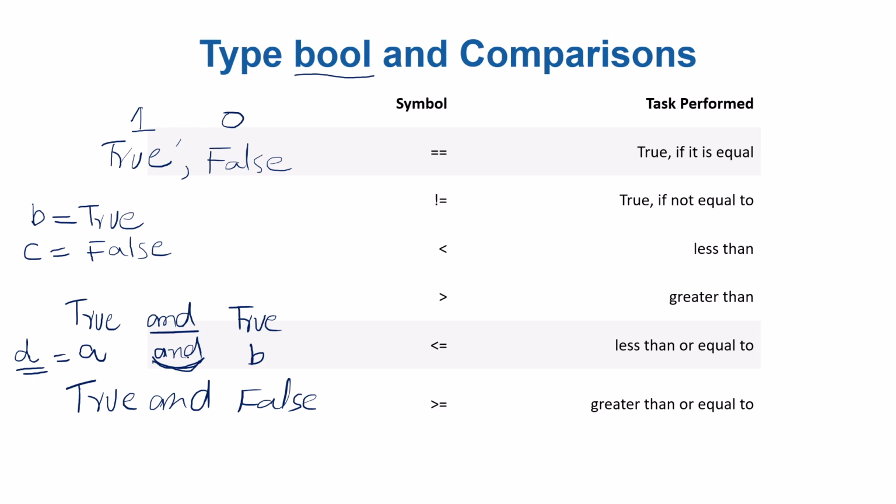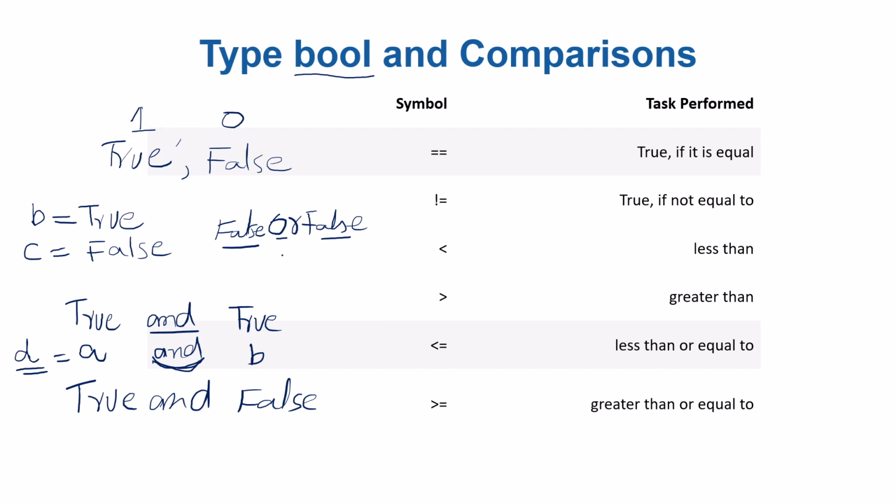Other than AND, there is another operator, the keyword OR. This results in False if both are False. False or False is False. If any one of these is True, then the result is True.